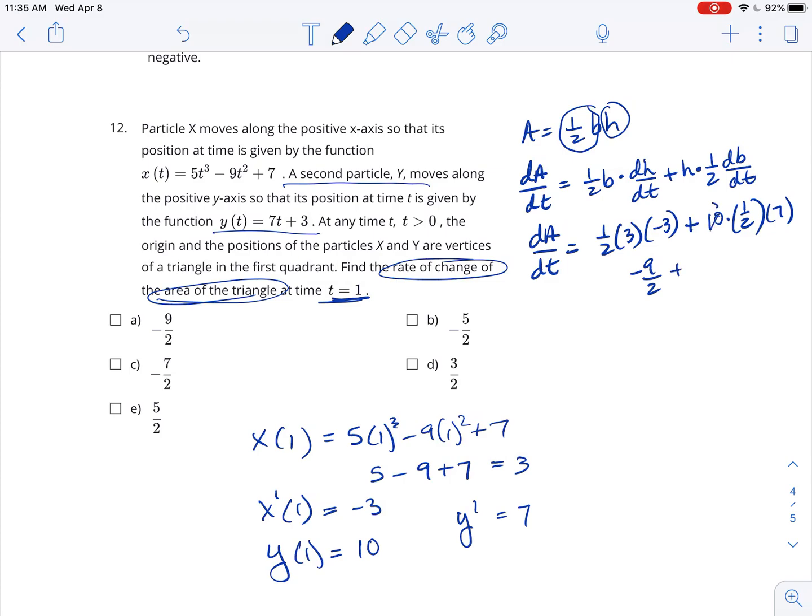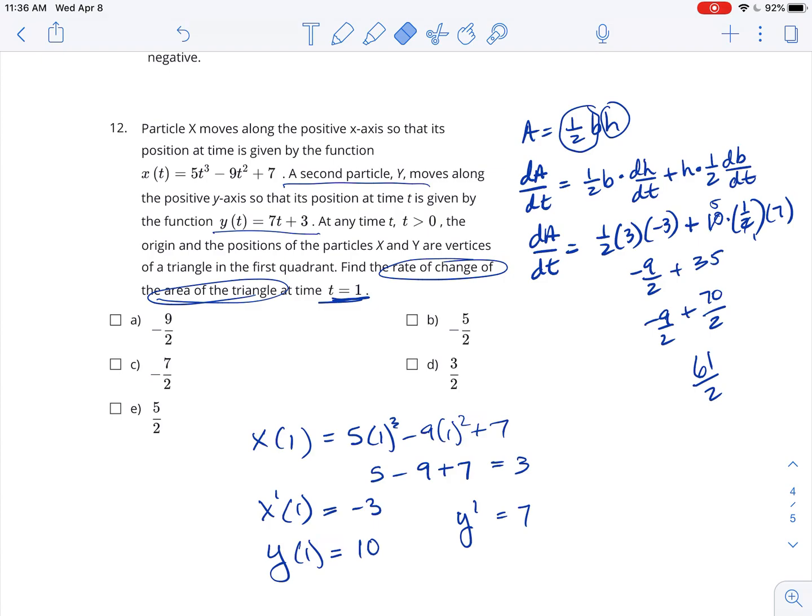Okay, let's see if I can calculate this right. So this is going to give you -9/2 plus 5 and 1, so 35, -9/2 plus 70 halves, and I think I just did it wrong, because that's going to give you 61 halves, and that is none of the answers.